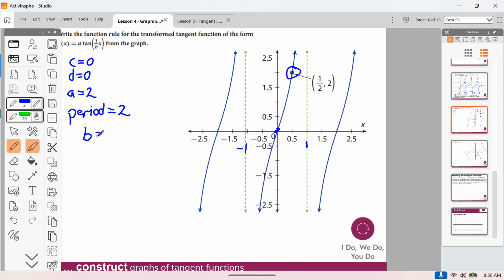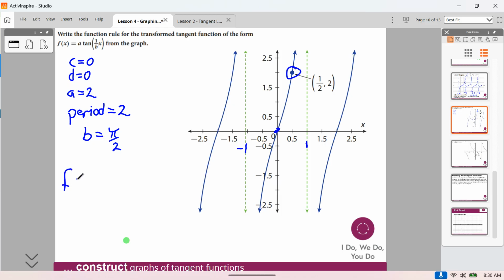So b is equal to pi over 2. So we have f of x is equal to 2 tan pi x over 2.